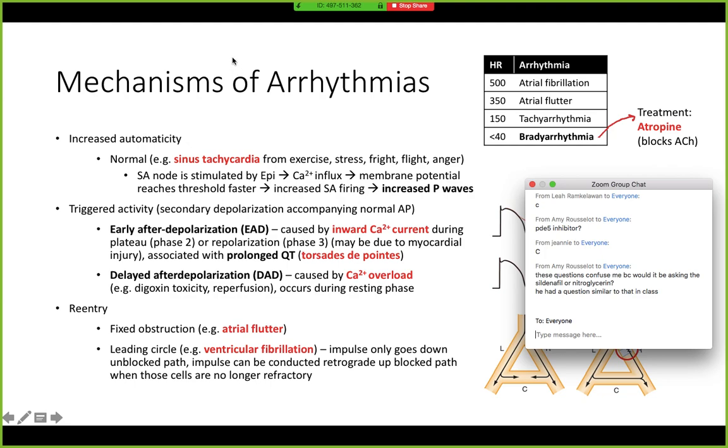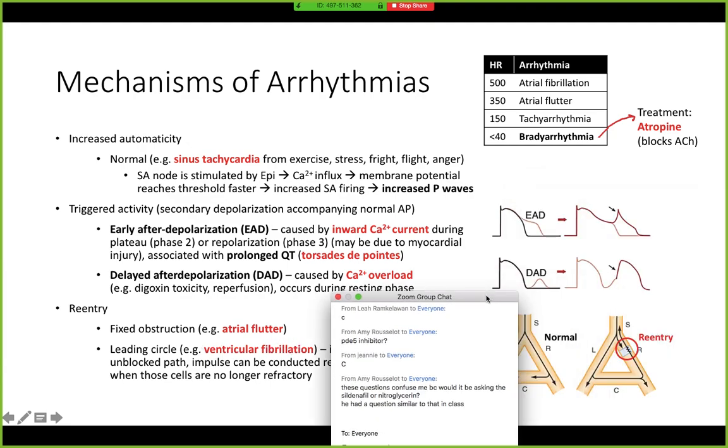Okay, so you have three mechanisms of arrhythmias. One is increased automaticity, and then you also have triggered activity, which can be early afterdepolarizations or delayed afterdepolarizations, and then re-entry, either through fixed obstruction or a leading circle like ventricular fibrillation.